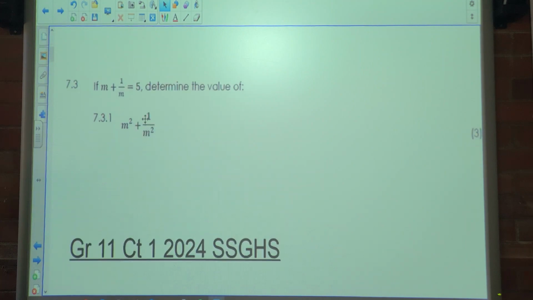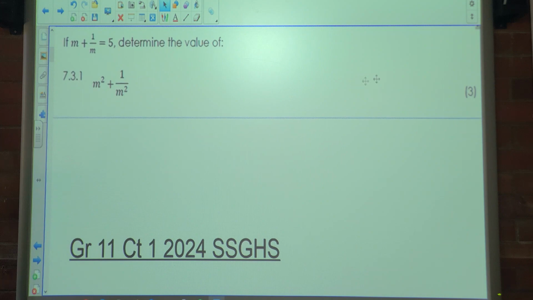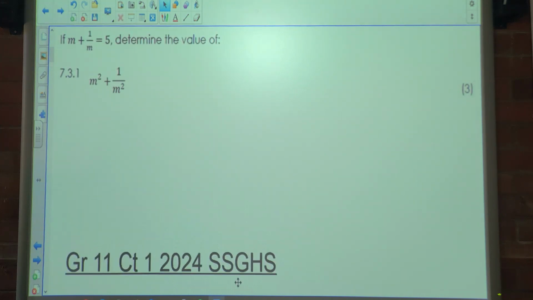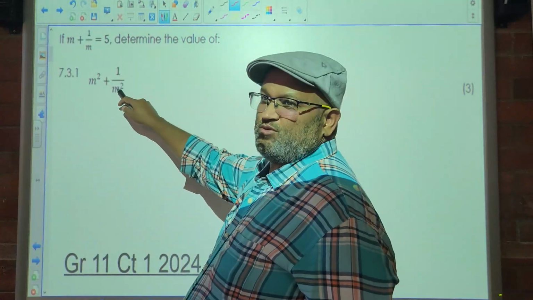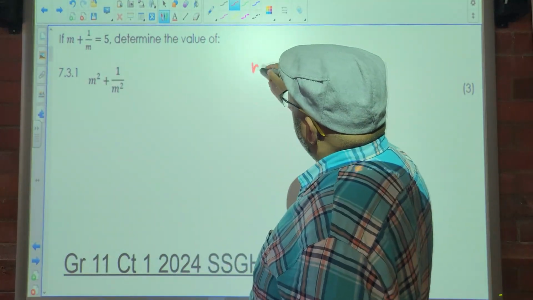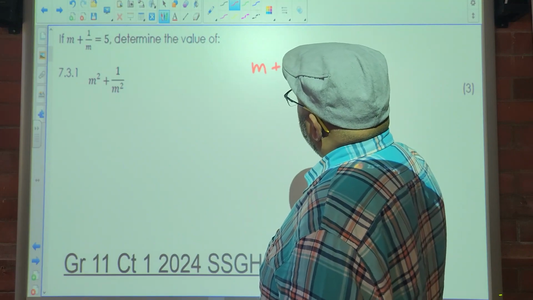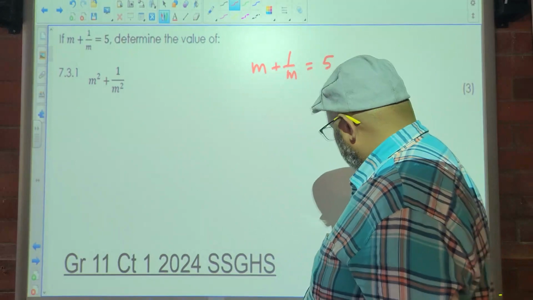Next. If m plus 1 over m is 5, determine the value of m squared plus 1 over m squared. If we look at this, we've got m plus 1 over m is equal to 5. You can see it's clearly squares there, not a sum.